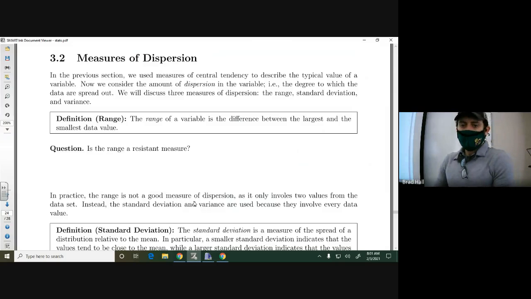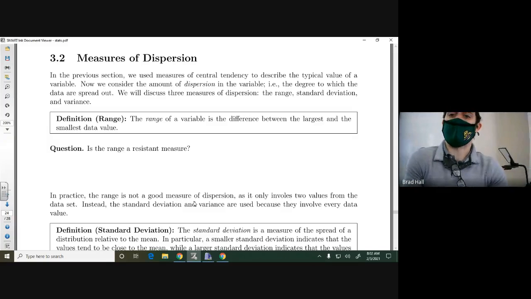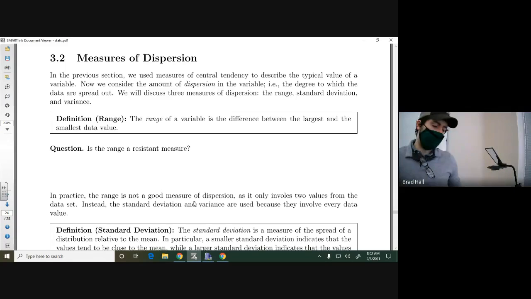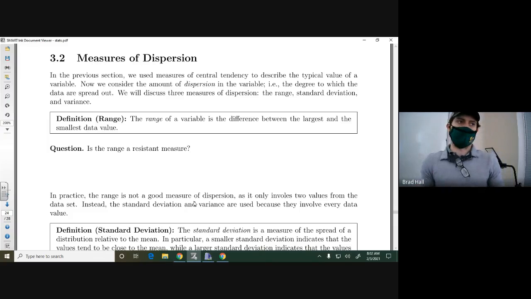Okay, so we're moving on to measures of dispersion. Measures of dispersion are another way to describe data.